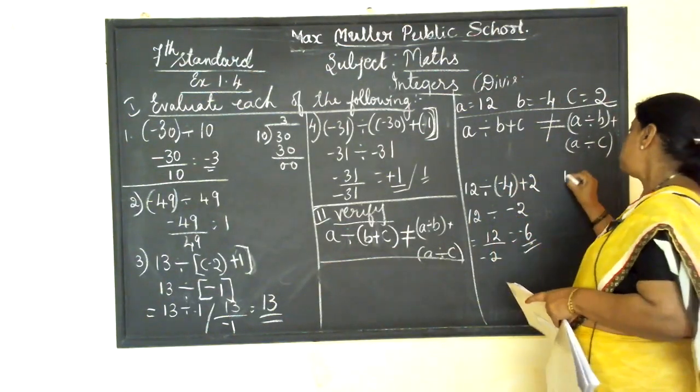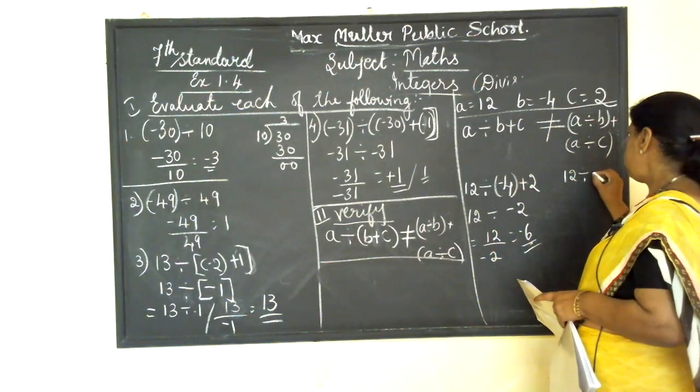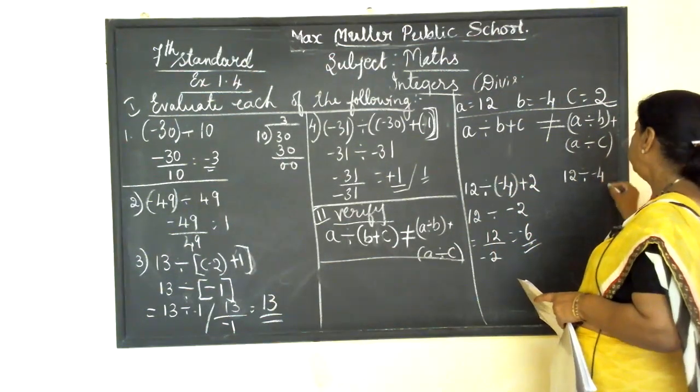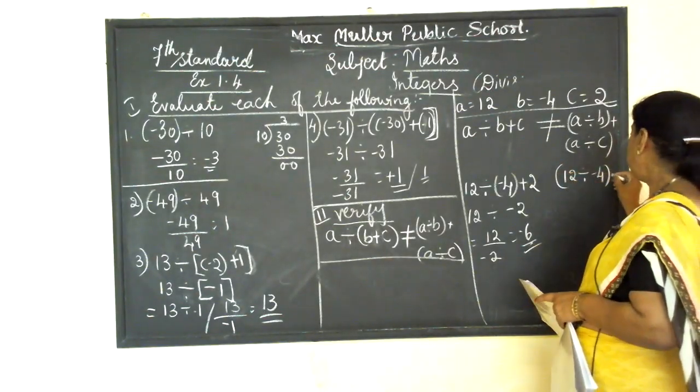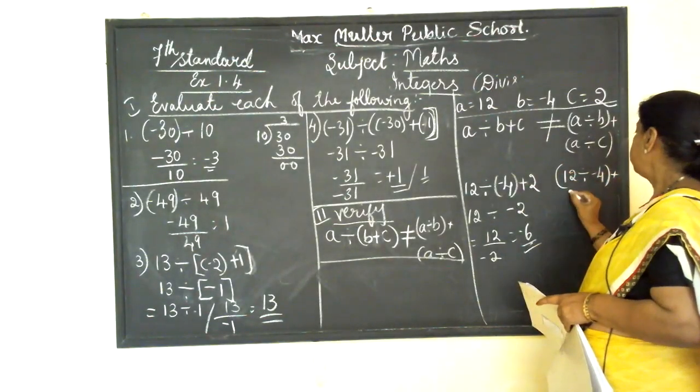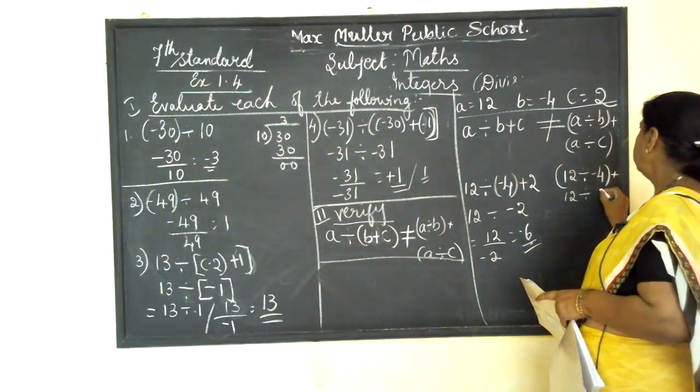Now, we will see 12 divided by minus 4, plus 12 divided by 2.